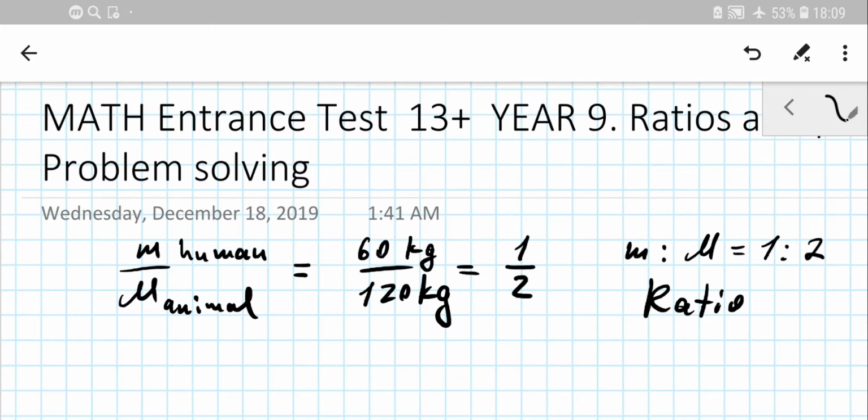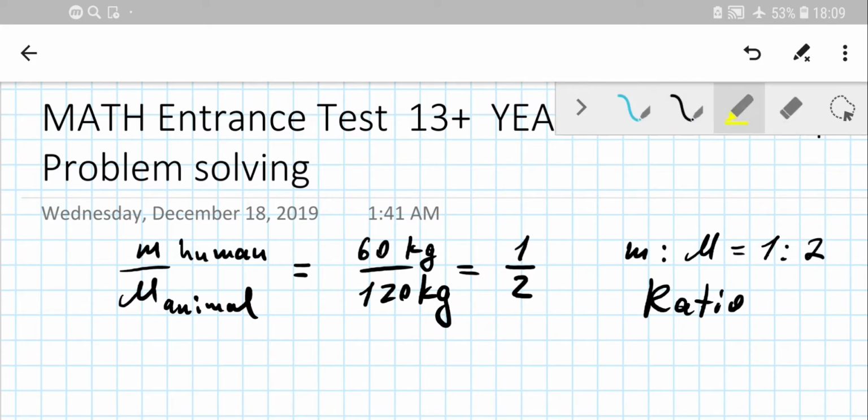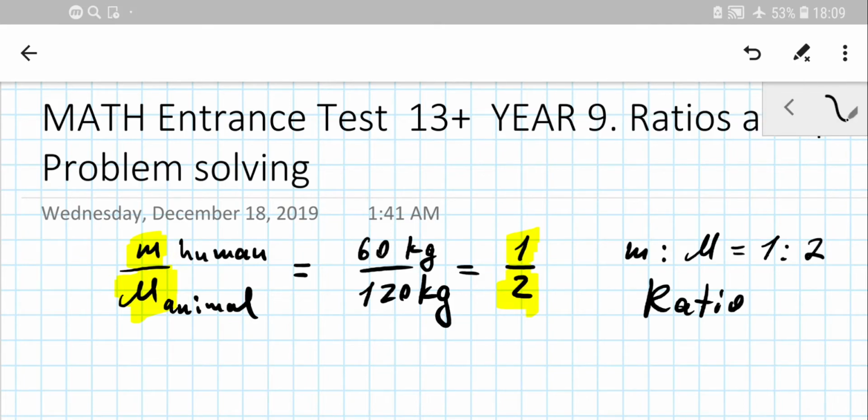Another way around, you can say this is the share of the smaller mass in the greater mass. So 1 part of the smaller mass in 2 parts of the other mass. That means the ratio represents the fraction. It shows you how many times one mass is greater or less than another one.